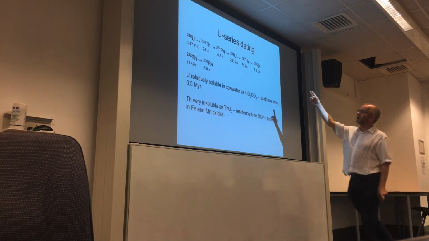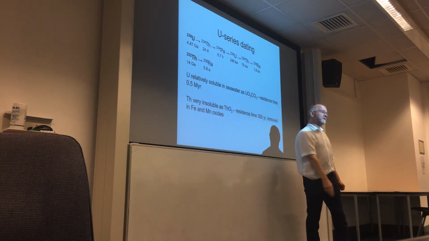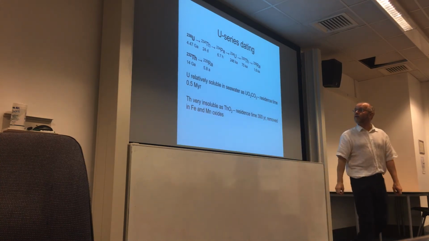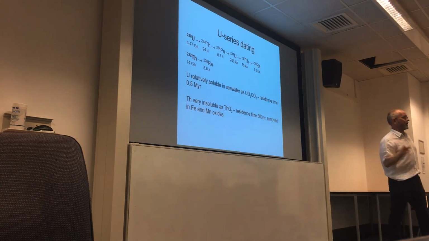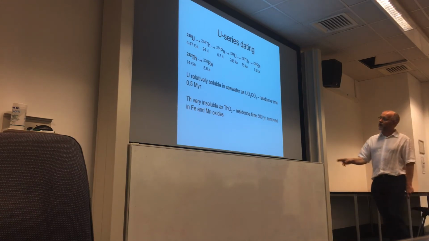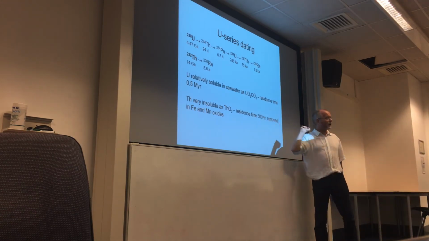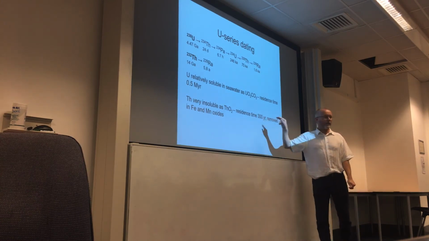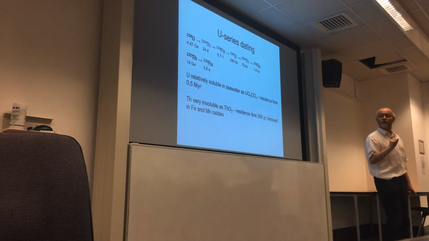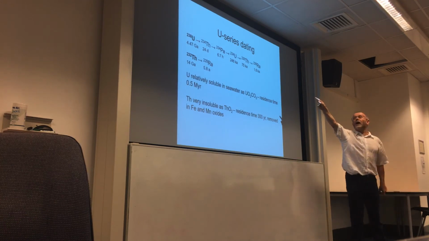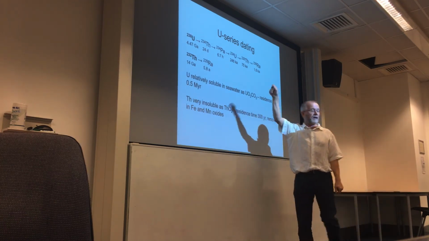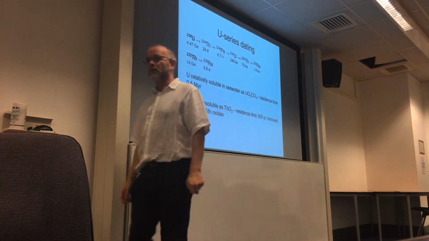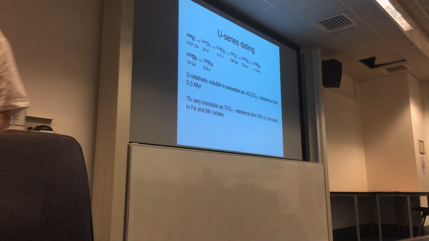And then it decays to thorium-230. Well, thorium-230 has a half-life of 75,000 years. So bearing in mind that a thorium atom sitting in seawater only lasts in its dissolved state for about 300 years, there's plenty of time for that to be precipitated out from seawater before it then decays to radium-226.